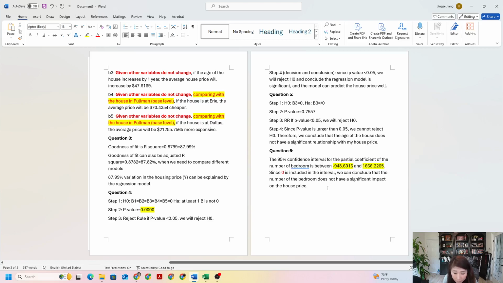If it's included, the relationship is not significant. If it's not included, then the relationship will be significant. Like I said, if you cannot follow why the decision rule is like this, please watch the lecture video. I talked about why we set this up as the decision rule if you're using the 95% confidence interval as a way to test whether that specific variable has a significant relationship with your y variable.